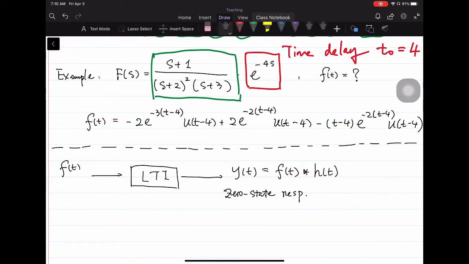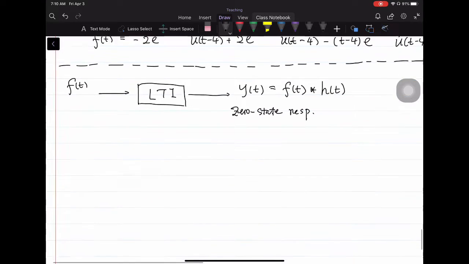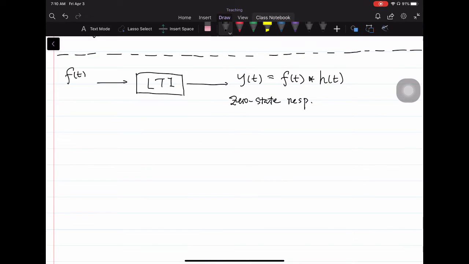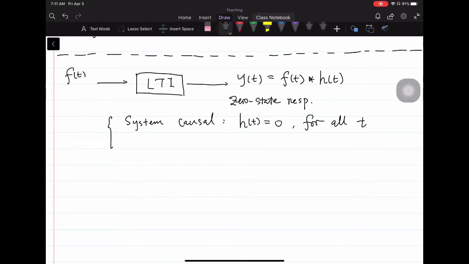Let's narrow down our discussion under the following assumptions. Assumption number 1, we're looking at a causal system. System causal meaning that the unit impulse response, h of t, is 0 for all t negative.